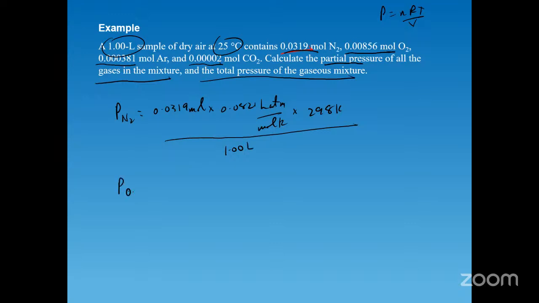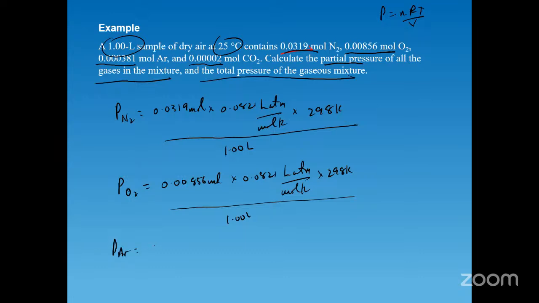So for oxygen, the only difference is the moles, which in the case of oxygen is 0.00856 moles times 0.0821 liters atmospheres over mole Kelvin multiplied by 298 Kelvin, all divided by 1.00 liters, and then we do the same calculation for argon.